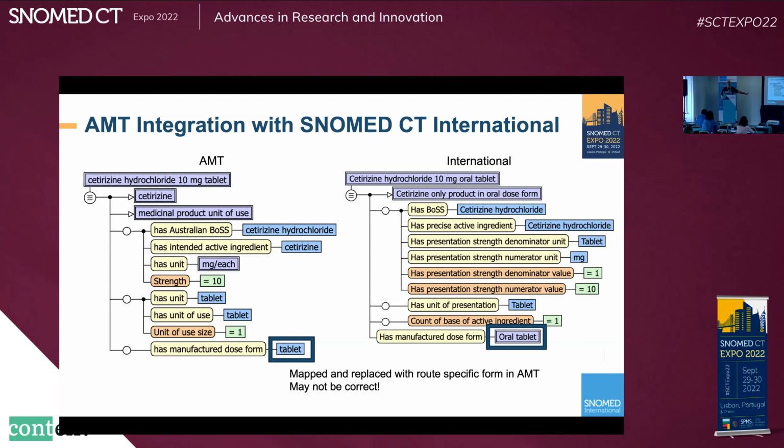So does it need to be as specific as it is to still achieve the use cases it's there to achieve? And unfortunately, what I've found going through DM&D and AMT and the international drug model is that the use cases are really not very well defined. The requirements are not very clear at all. So unfortunately, we've got a model sort of void of that. So it's very hard to say whether you could make these changes that would improve the subsumption or not, because you don't know whether the use cases are going to get dropped or not.